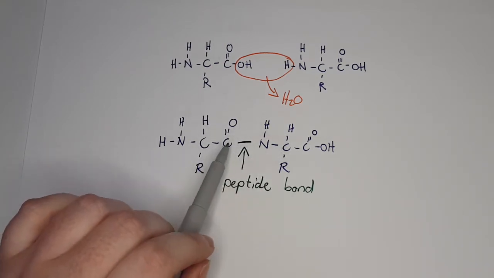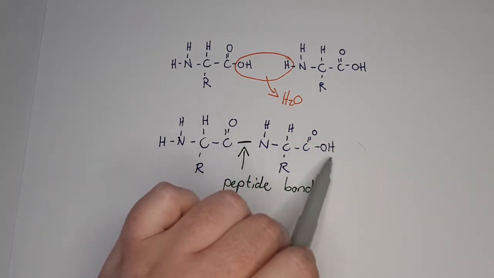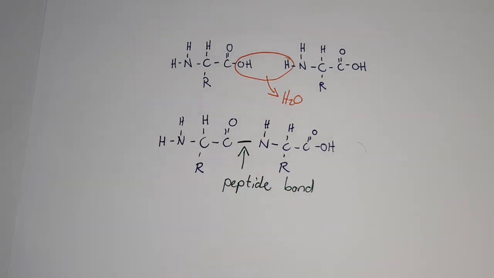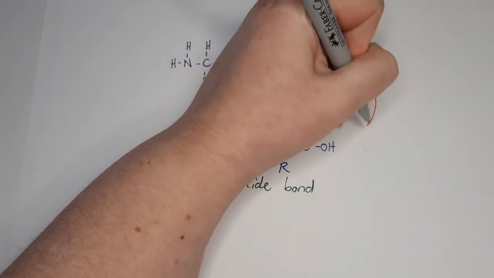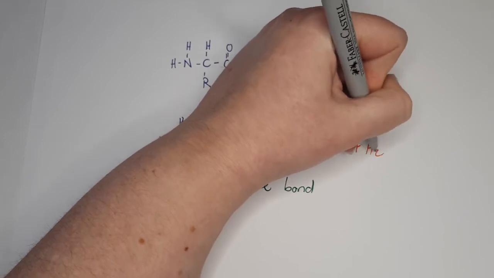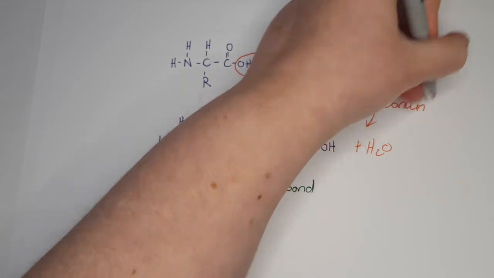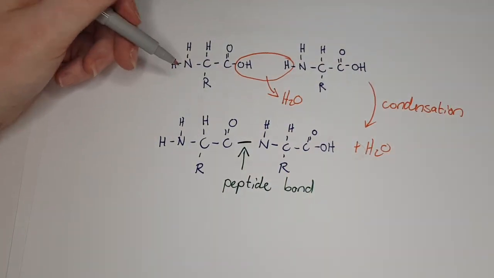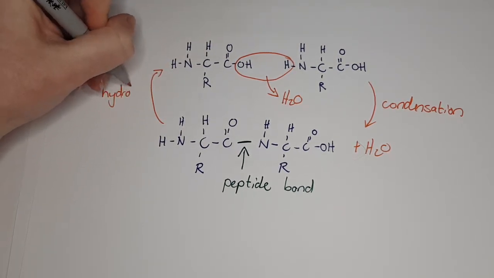This is just two, but then we can join another one to that side, removing the OH and the H, coming off as water, to the next one, to another one. Because we are making them and water is coming off, it's condensation. And if I wanted to break them by adding water back, it would be hydrolysis.